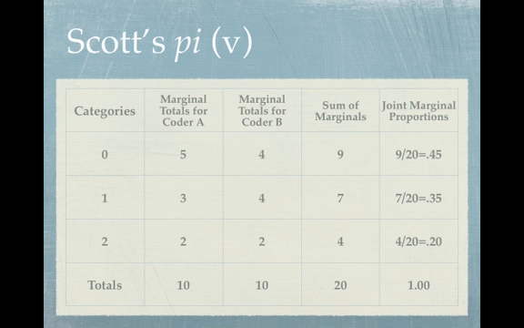So in terms of 0, coder A recorded 5 zeros, whereas coder B recorded 4 zeros. So we sum that up and divide by 20, the same for category 1 and the same for category 2.